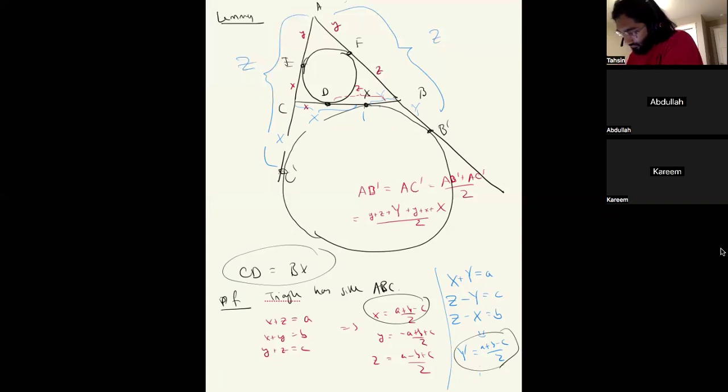Little z, little y, little x, and then capital. Ah, yes, this is the semi-perimeter. Great.